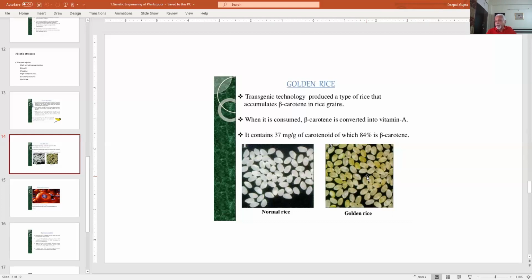And now the good news is that this crop is going to be in the field, because it has been distributed free of cost to various countries, where it has been introgressed into local varieties. And now we will have local rice varieties making vitamin A in them. So on the shelf, you will see very soon the sale of these kinds of rice products.